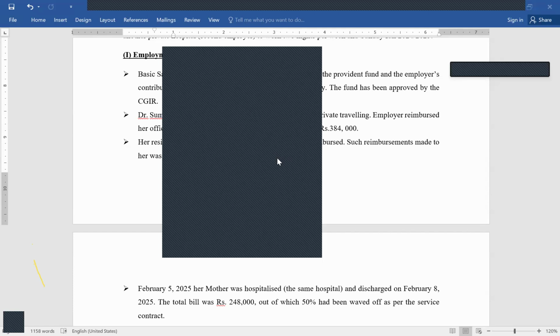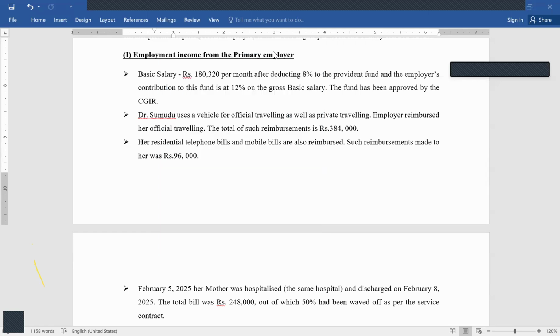Telephone bills reimbursed, liable at 50%. Liable if it is totally used for her own. Liable if it is a cash payment. It is a reimbursement of the telephone bill.